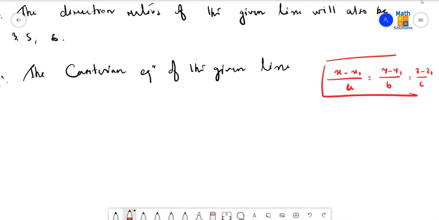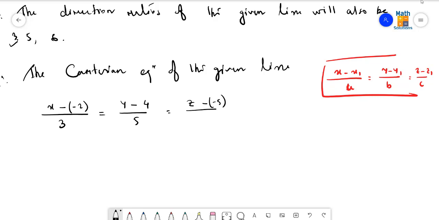Therefore, the Cartesian equation of the given line will be x minus, within the bracket, minus 2, divided by this direction ratio 3, that is equal to y minus 4, the y coordinate of the given point, divided by 5, that is equal to z minus, within the bracket, minus 5, divided by 6.